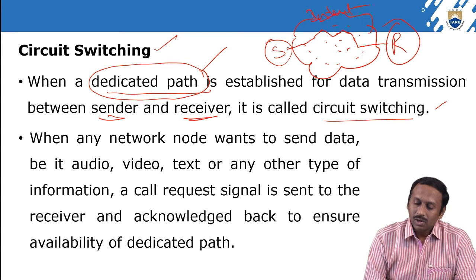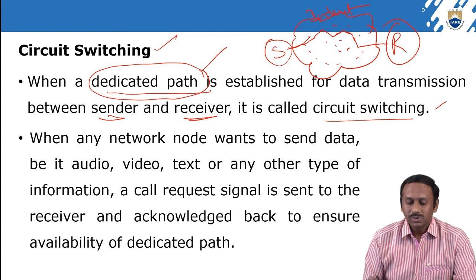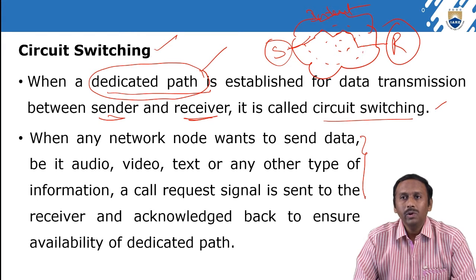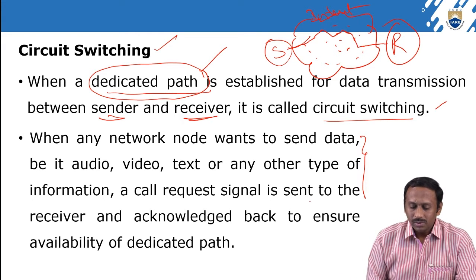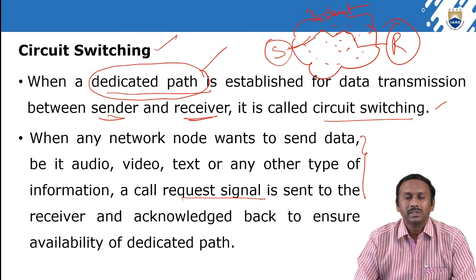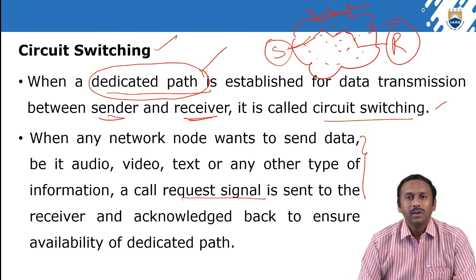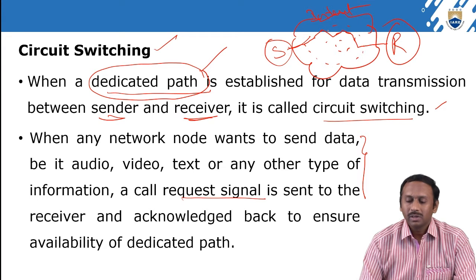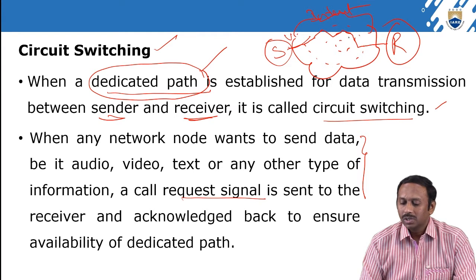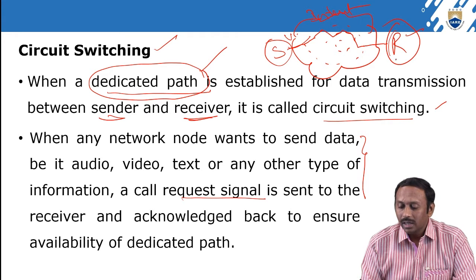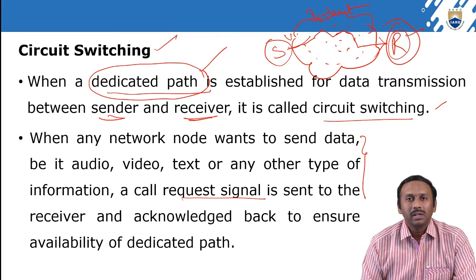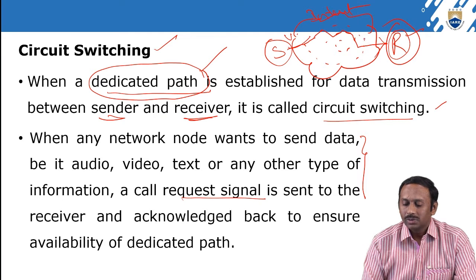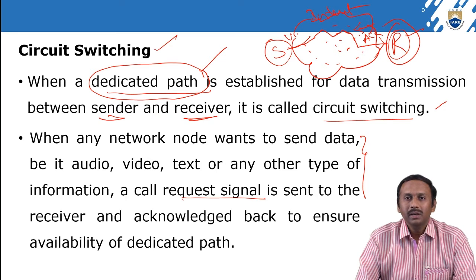Whenever the sender wants to do any of these things, first it sends a request. Now I am going to send a particular piece of information or voice message to the receiver. After receiving this request, the receiver sends an acknowledgement back to the sender.